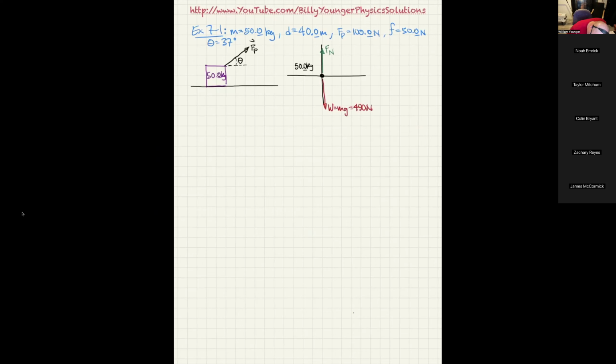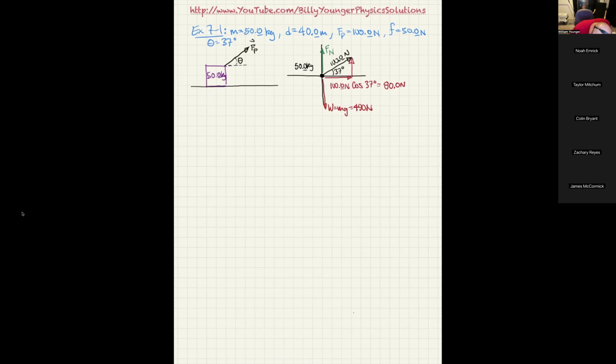In addition to that, we have this force of 100.0 newtons at 37 degrees. That has an x component given by 100.0 newtons times cosine 37 degrees, which in this case should give us 80.0 newtons.